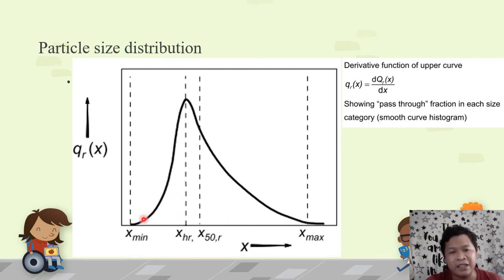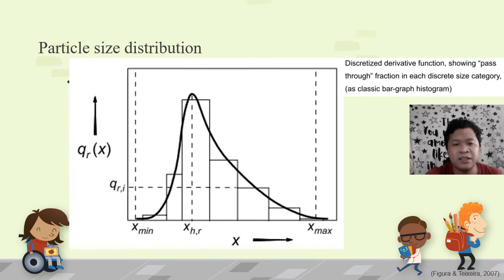Mas makikita din natin, no, na sa certain mass fractions, certain particle sizes, mas maraming by weight ng particles na ganun ang size. Okay? So this is the same as the previous graph but shown in classic histogram form, since technically hindi naman siya dapat smooth kasi pipito lang yung data points mo. Ini-smoothen lang niya para maganda tingnan.